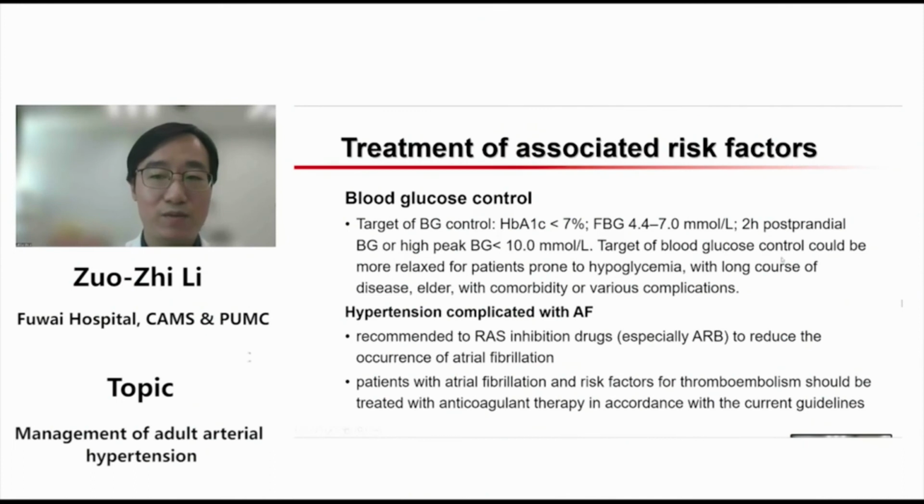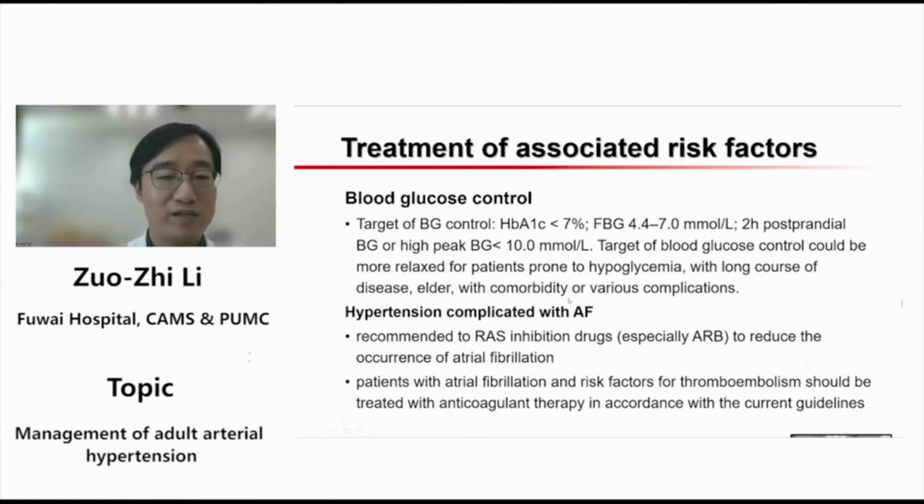The target blood glucose control could be more relaxed in patients that are prone to hypoglycemia, or with a long course of disease, or older age, or with comorbidities of various complications. The HbA1c should be below 7%.